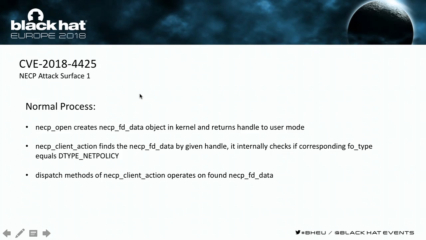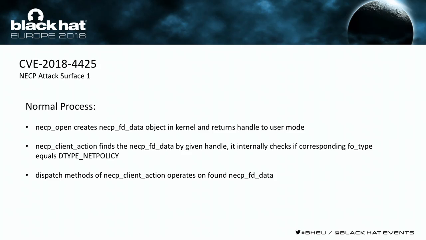So let's have a summary here. See the normal process. You firstly call NECP open. NECP open will create the kernel NECP FD data, store it in the FP structure, and return the corresponding handle to the user mode program fuzzer.